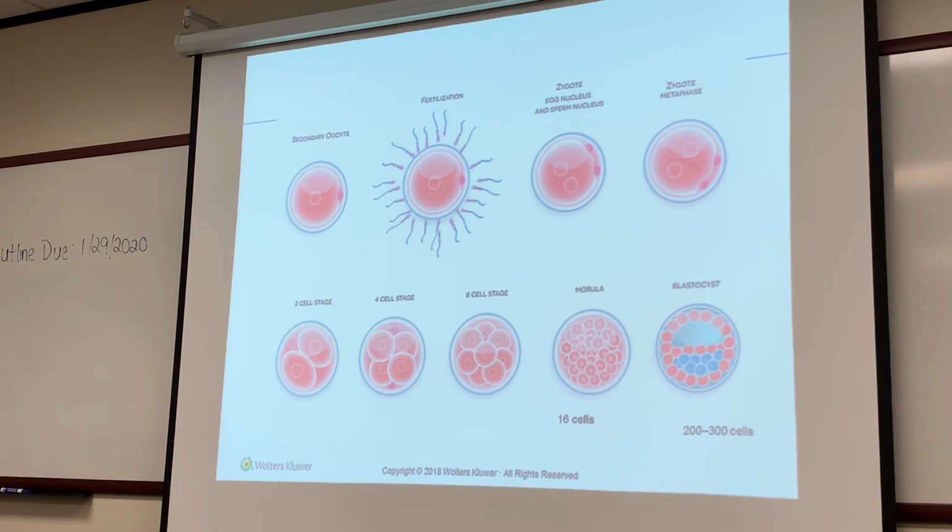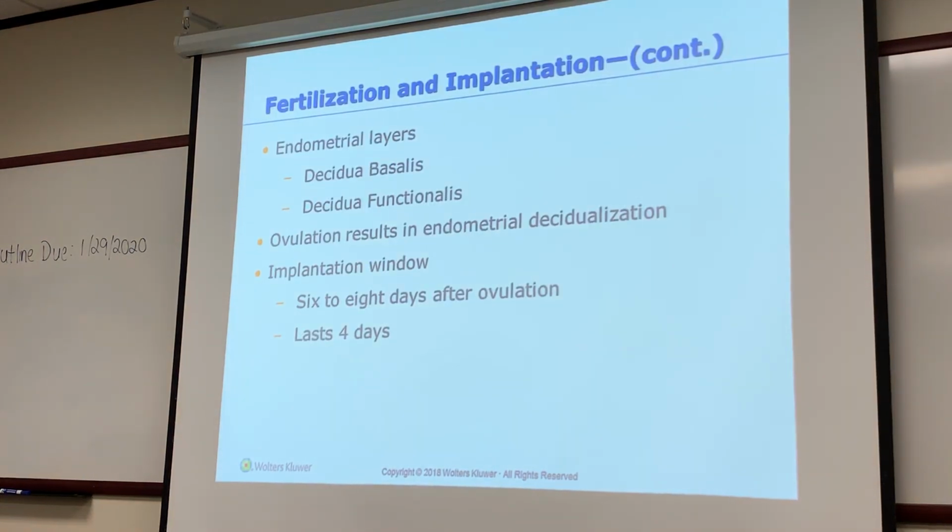Inner layer, baby, embryo. So my endometrial layers used to be zona basalis and zona functionalis. I'm pregnant, so now it's decidua basalis and decidua functionalis.